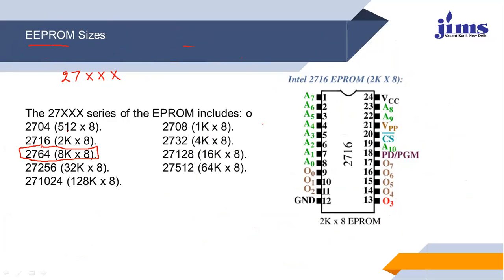EEPROMs come in various sizes. 2704 comes as 512 bytes. 2716 comes as 2 kilo. I am referring to 2764, which is 8 kilobytes. You have other ICs as well.